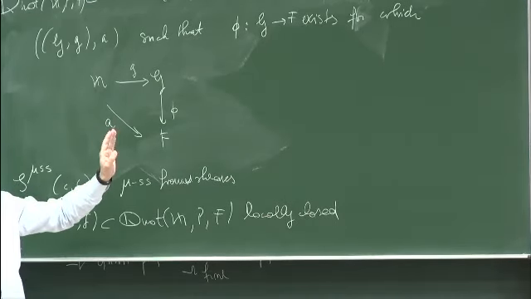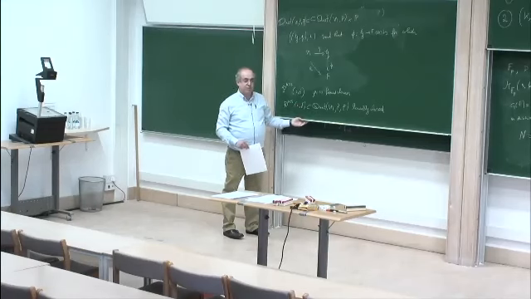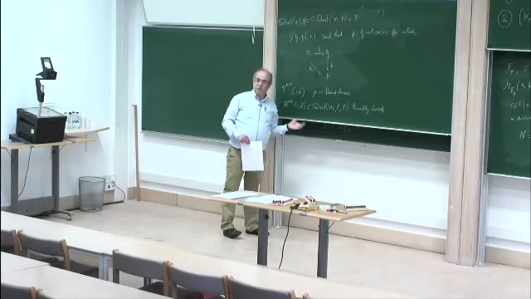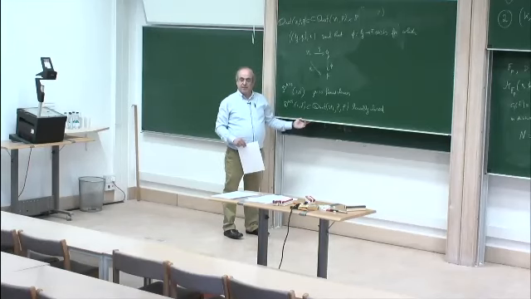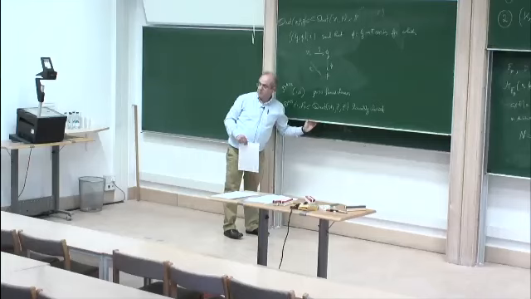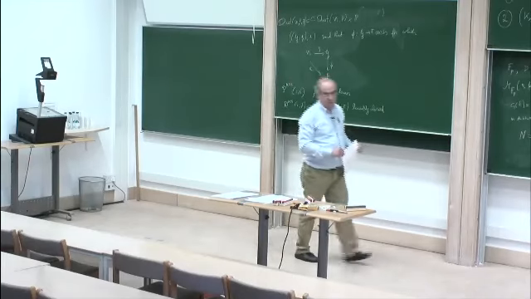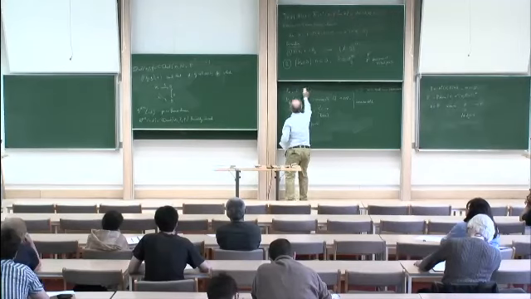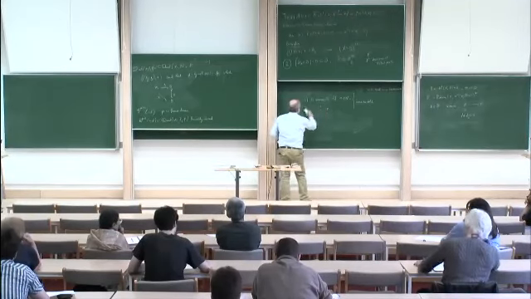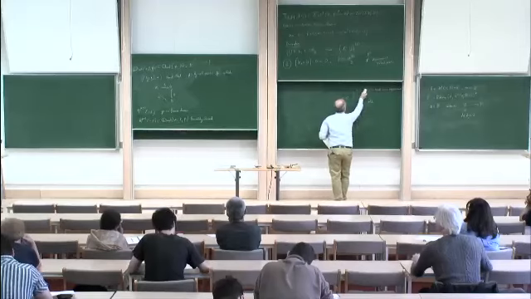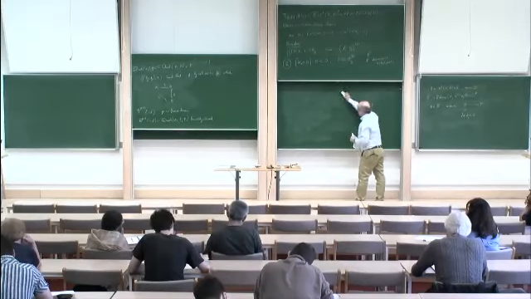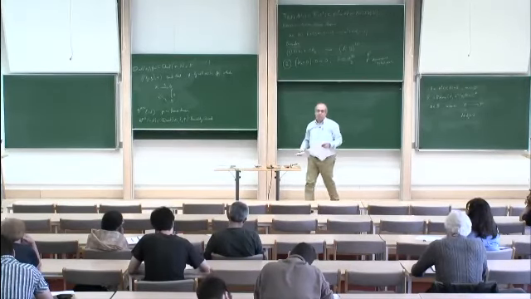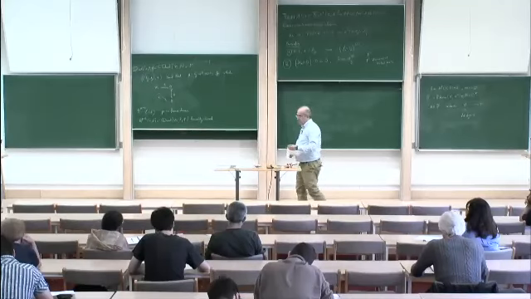The problem is that this is not a good GIT construction. This line bundle is not ample, and here there are points which are not GIT stable. So in principle it seems we are stuck, but what you can do is define a moduli space by hand, so to say.